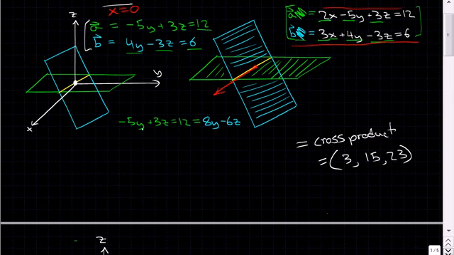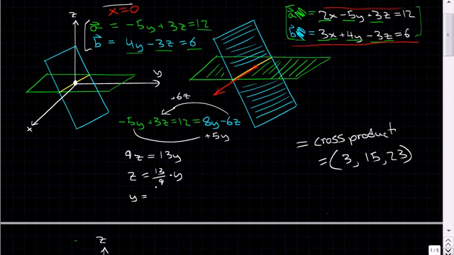So then we take the 6's over, so we have plus 6z, and we'll take this over, so we're going plus 5y, and then that leaves us with 9z equals 13y. And then we can say that z equals 13 divided by 9 times y, and y equals z times 9 divided by 13.